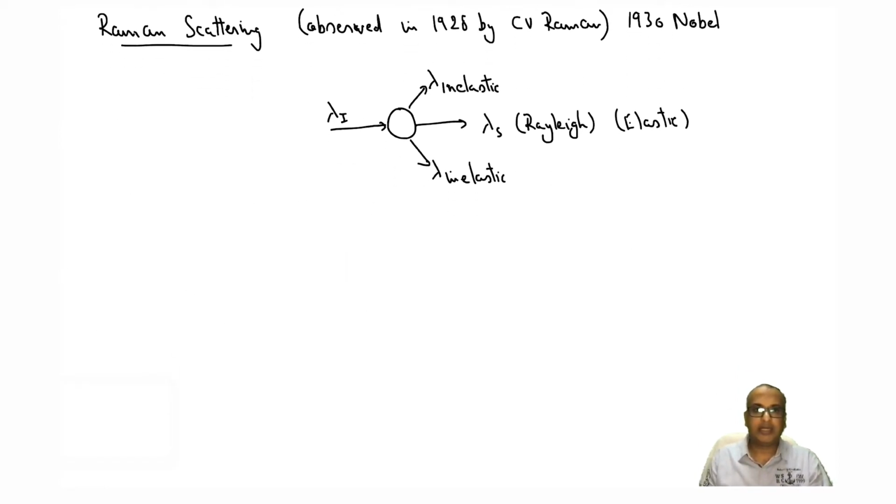Now, what happens basically here? If there is inelastic scattering, that means there is exchange of energy between the incident light and the molecule, right? And that exchange of energy can lead to increase or decrease in the energy of the light, or the wavelength, vice versa, right? So I can say that if lambda of scattered light is equal to lambda of incident, then this phenomenon is Rayleigh scattering, right?